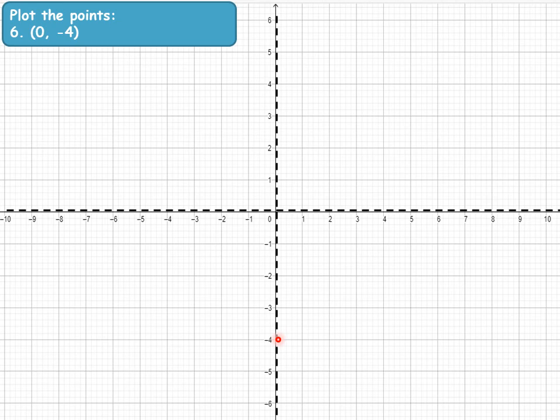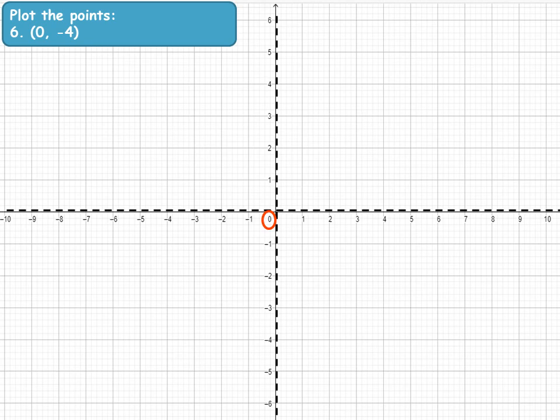So that means that we're just going to keep our point at -4 because we did not move any at all on the x-axis. So no movement on the x, but we move to -4 on the y. So we're going to keep our point at -4.